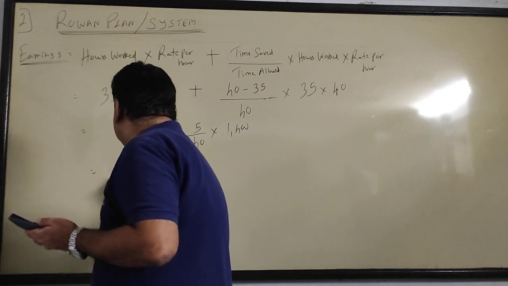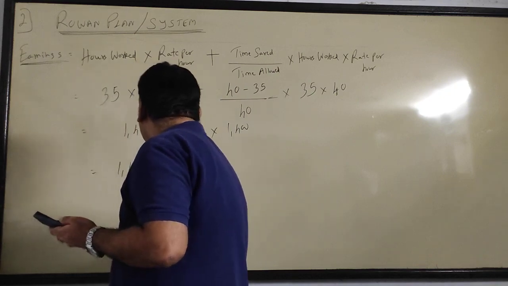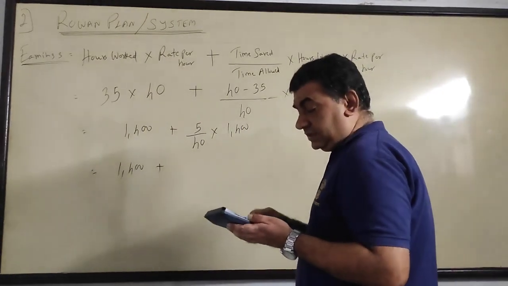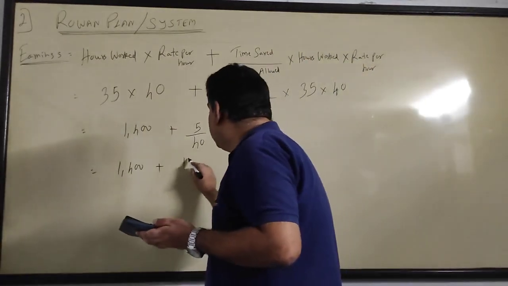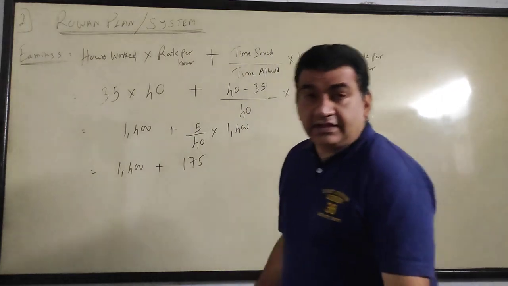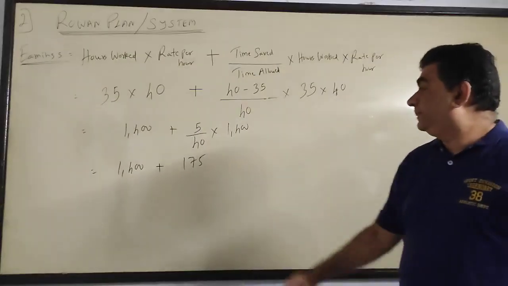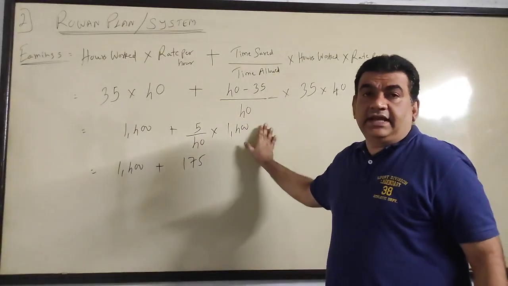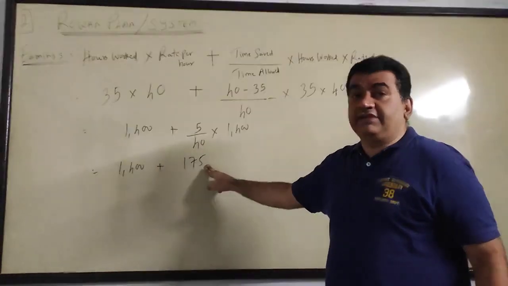Substituting further, 1400 plus, so this gives you 175. How 175? 5 divided by 40 into 1400, 175.